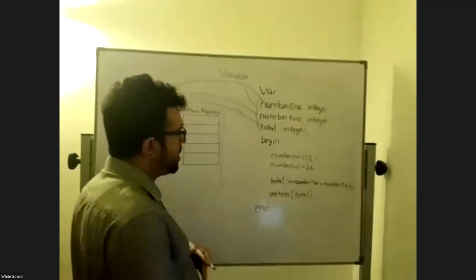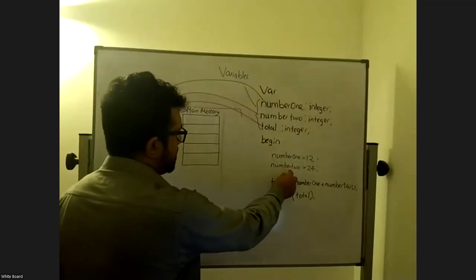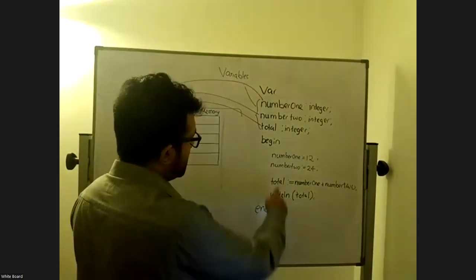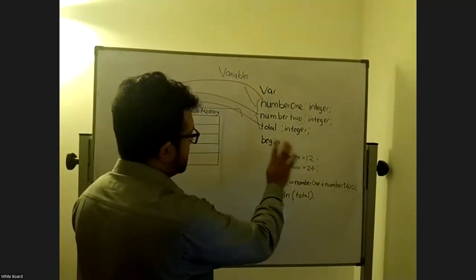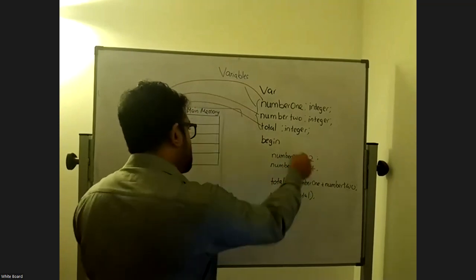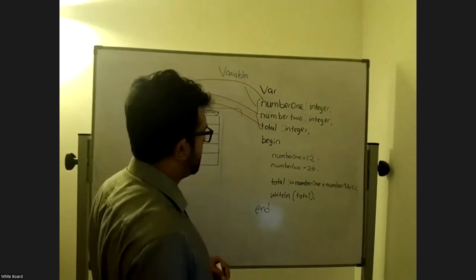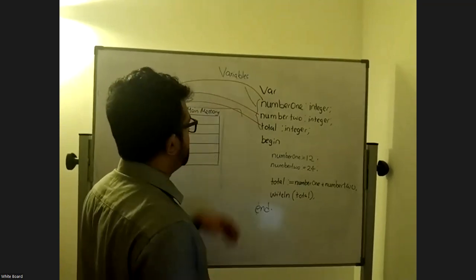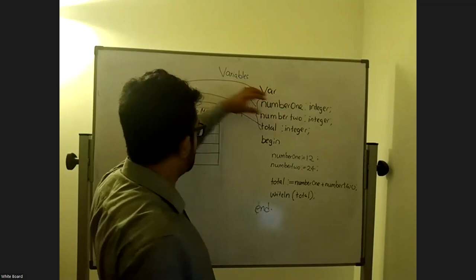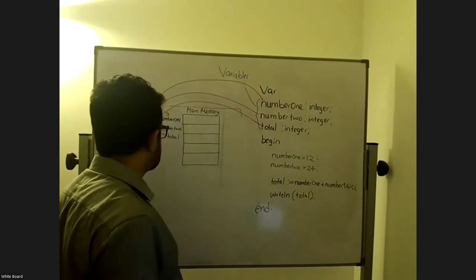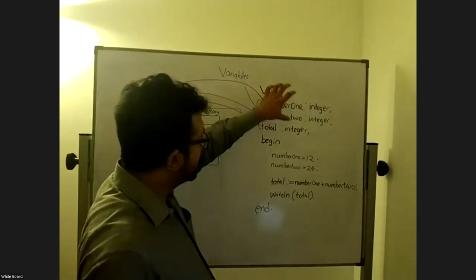I will do the keyboard part after this. So we give values from the program itself. So first, these three variables, when you put them like this, they are allocated. So in the memory, these three locations are allocated to keep values related to these three.